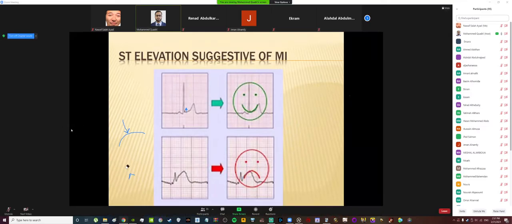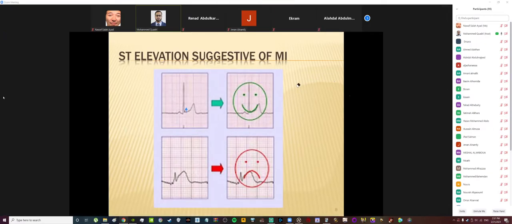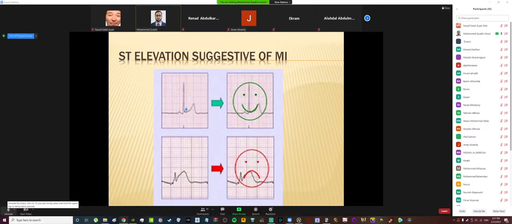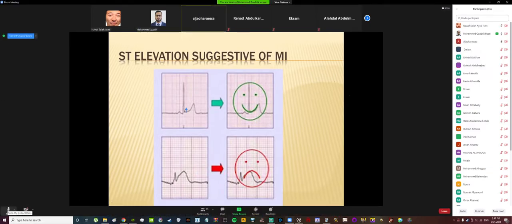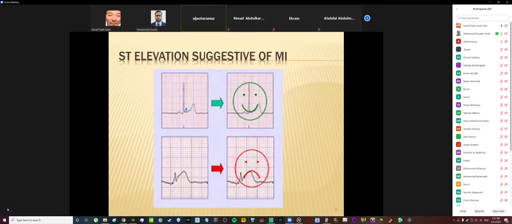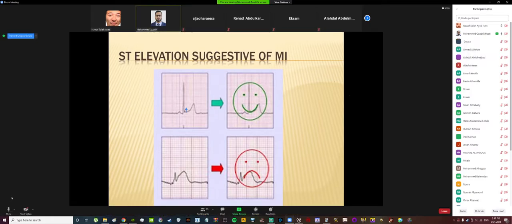I have told you before that each lead represents one area of the heart, isn't it? So when I'm talking about consecutive leads, if I ask you what are the inferior leads, can you reply? Lead 2, lead 3, AVF. Good. Lead 2, lead 3, and AVF are inferior leads.